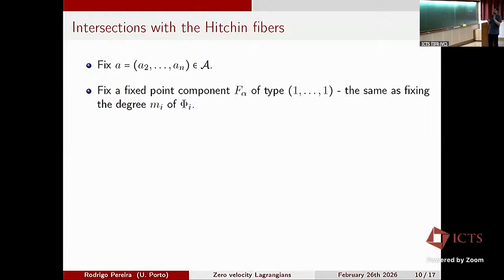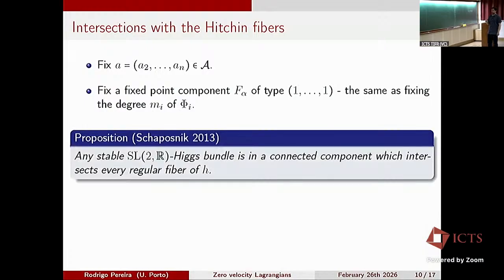If you remember, these are just the restrictions of the field to each of the summands of the fixed point. So for rank 2, there is this result by Laura Shaposnik, where she proved that the intersection of each component with a regular fiber is non-empty.